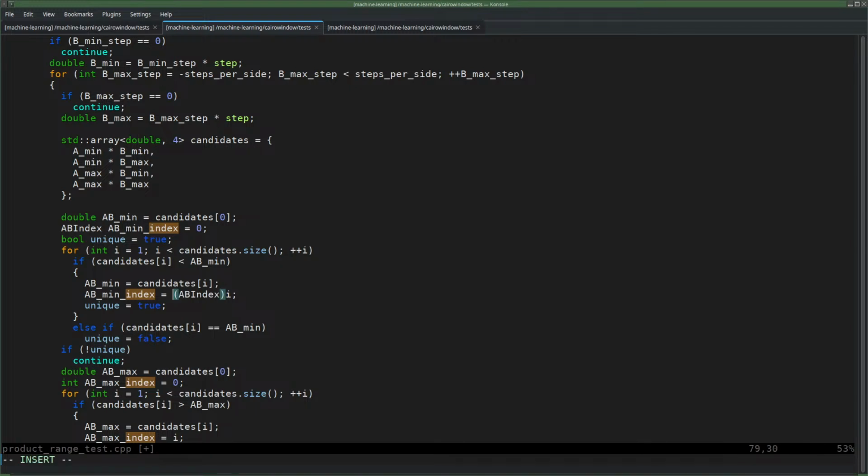No, let's make it a static cast. What should this be?